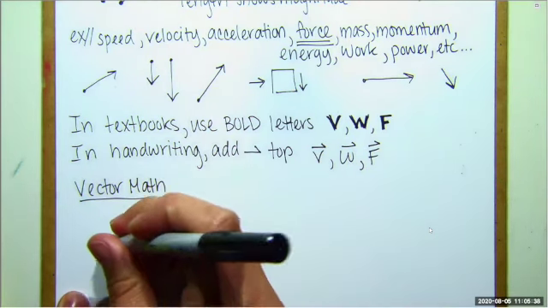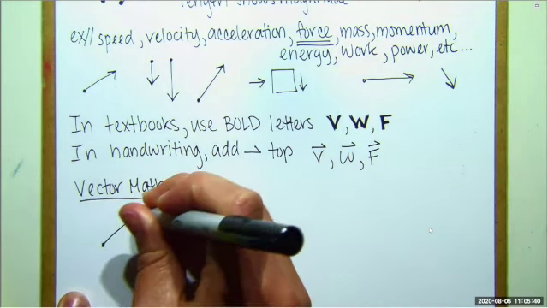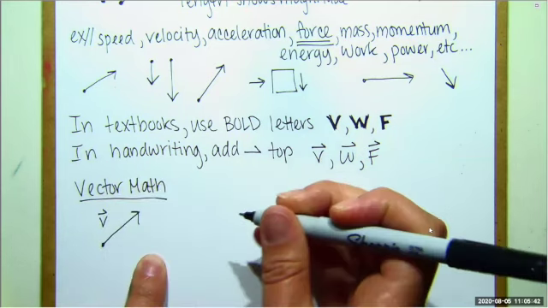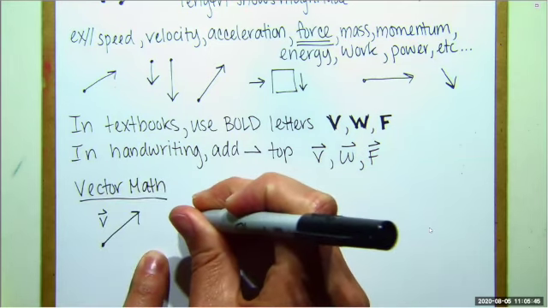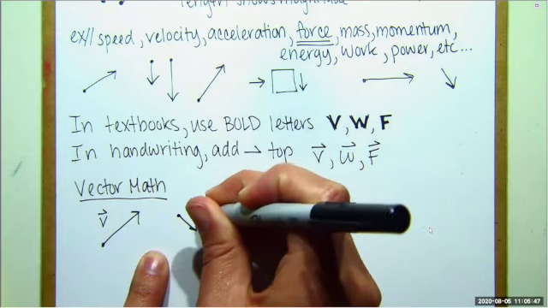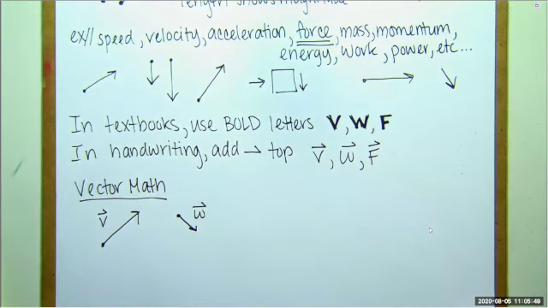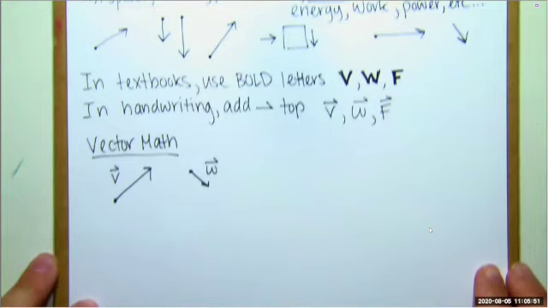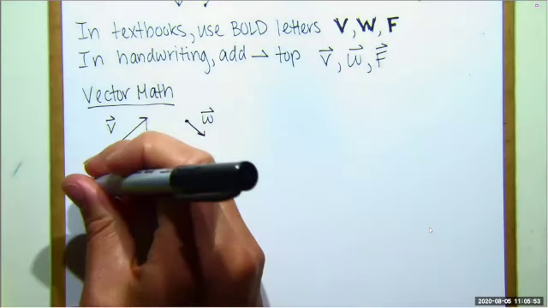Okay, so here I'm starting with a vector V, and I have a vector W. The first thing I want to do is add these two vectors together.